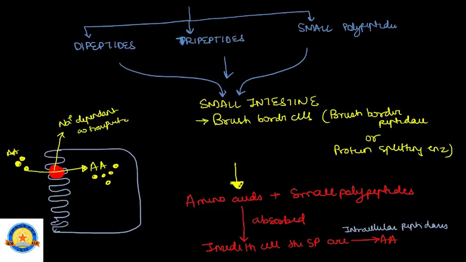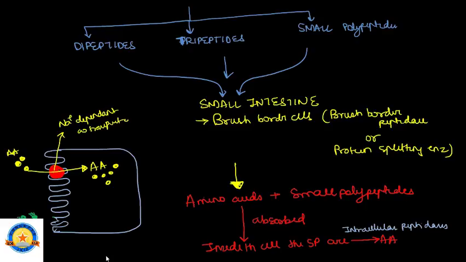Now, one more substance I have here is small polypeptides. We'll draw it with green. These are taken inside the cell by a process called endocytosis. So at this part of the membrane we have endocytosis.